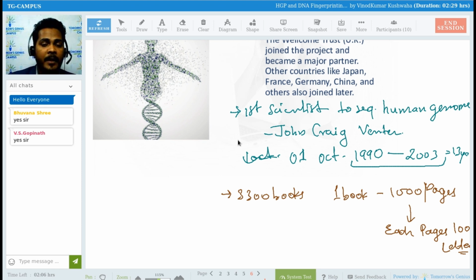But with the help of bioinformatics technology, the science of bioinformatics also developed during this period, which helped the Human Genome Project, and it was completed within 13 years of continuously analyzing human DNA.